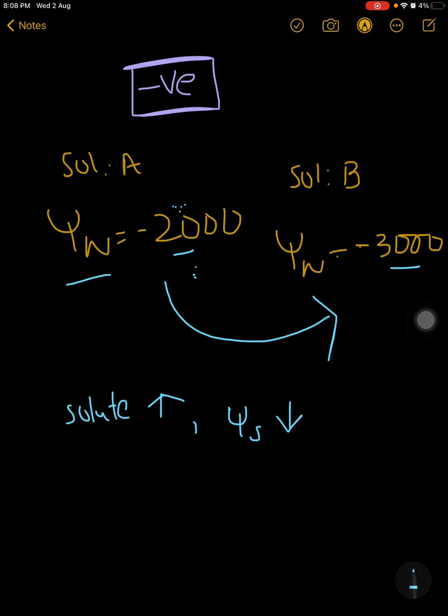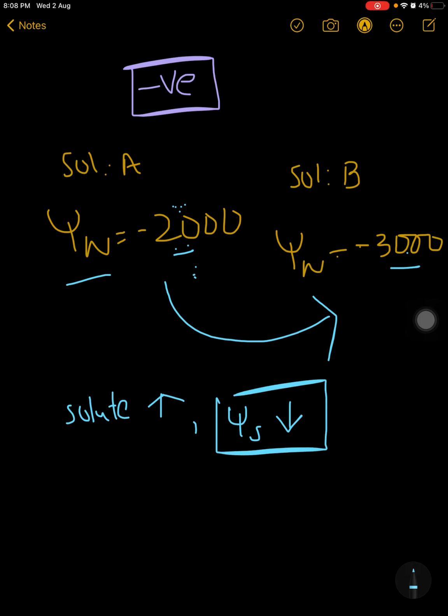For example, between minus 2000 and minus 3000, which one is greater? Minus 2000 is greater. Same as here, if you add the solute, the solute potential will increase, right? But increase in what? Increase in negative, and increasing in negative is automatically decreasing. So we say that the solute potential will decrease.